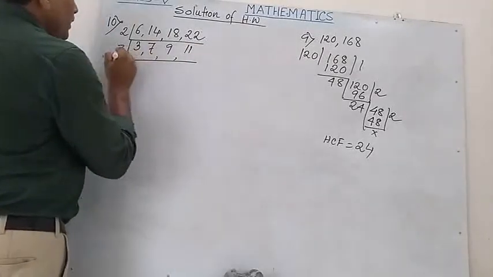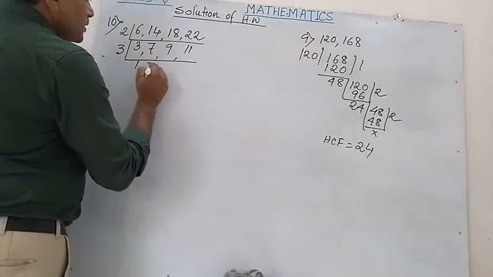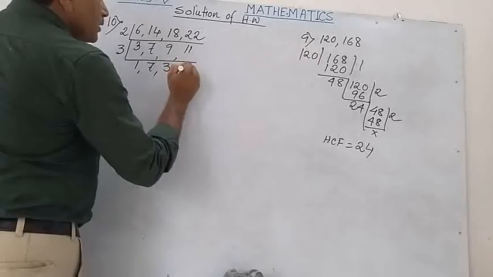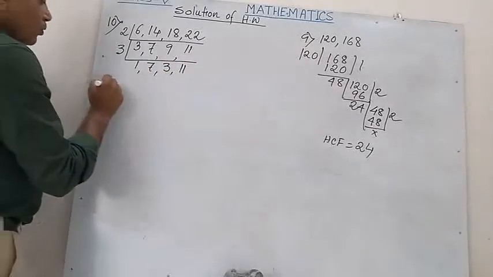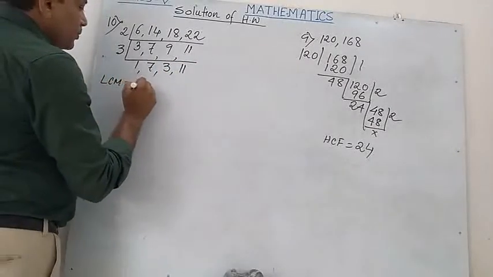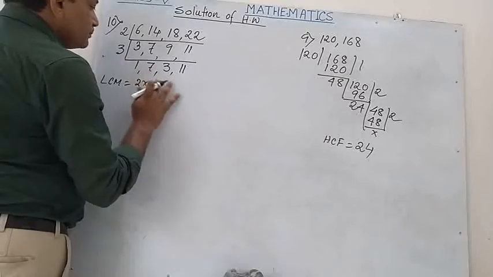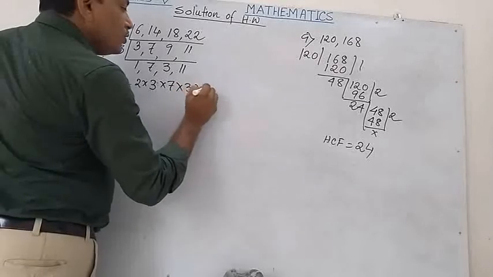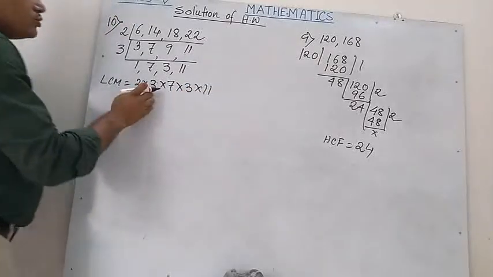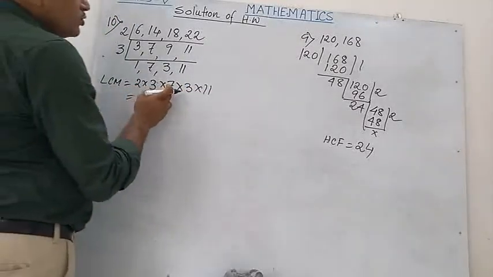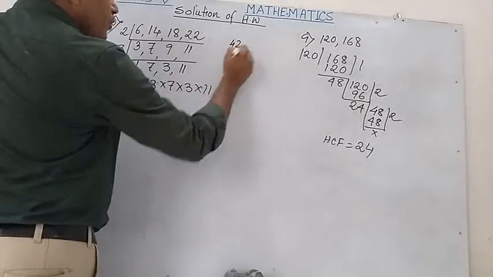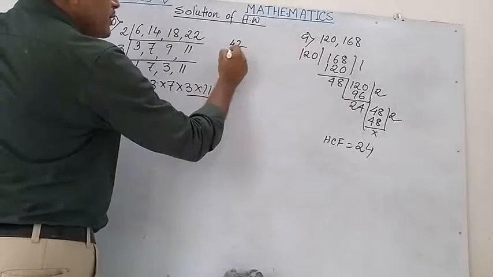Again by 3, 3 1s are 3, 7, 3 3s are 9, 11. So what is the LCM? 2 into 3 into 7 into 3 into 11. So 3 2s are 6, 6 into 7, 42. So 42 multiplied by 33.